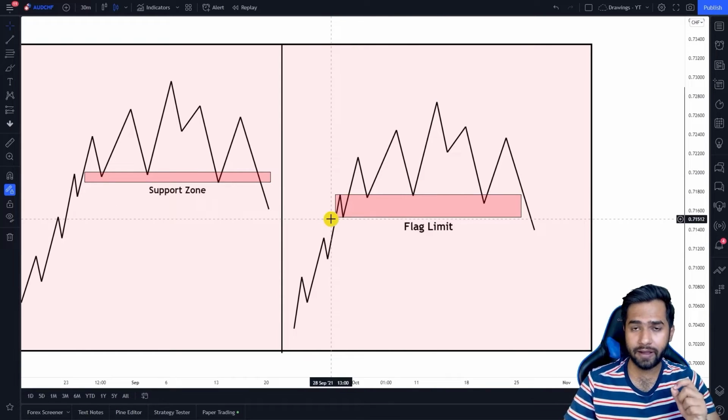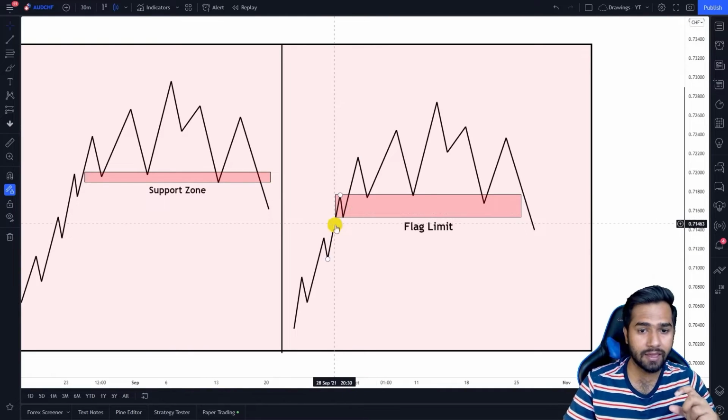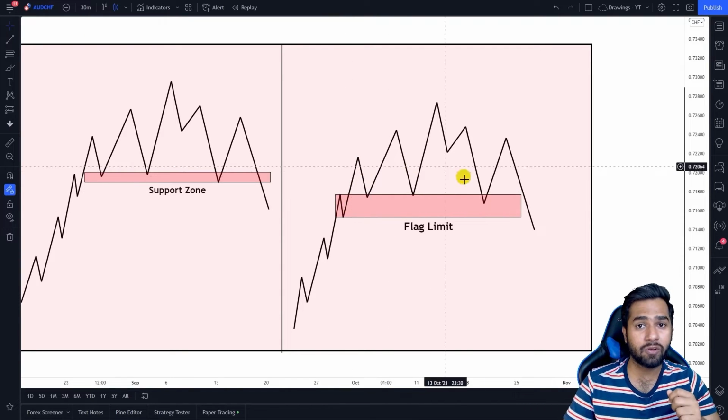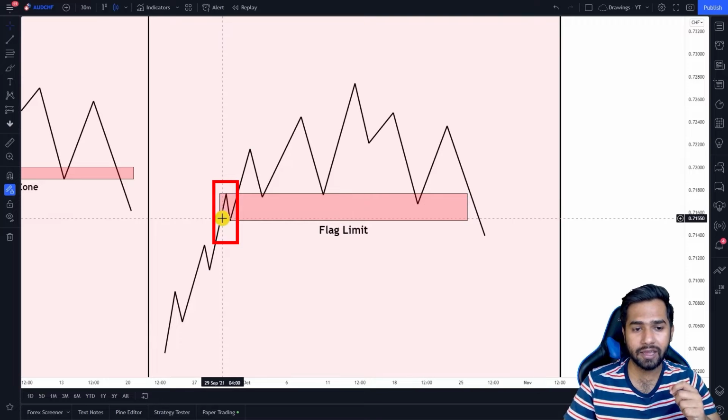Similarly is the case in case of flag limit zone. First, let's define what flag limit zones are. The flag limit zones are formed when market holds the price for a moment. Those zones are important because then the market will bounce back from those zones. As we can see here, when market was moving in the bullish trend, the market held the price for a moment at this level.